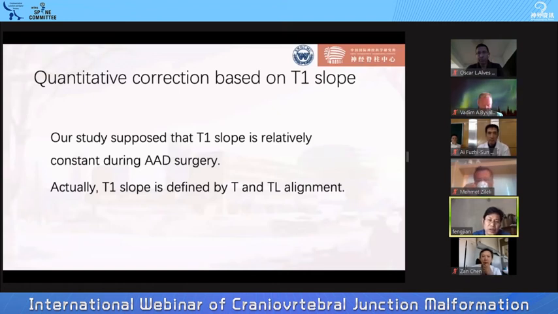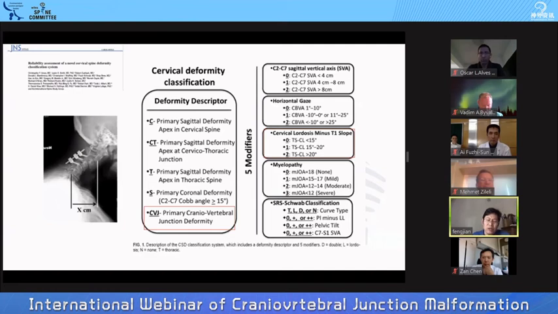This study supposes that the T1 slope is relatively constant during atlantoaxial dislocation surgery. Actually, T1 slope is defined by thoracic and thoracolumbar alignment. This is a typical literature published in World Neurosurgery Spine, on the relationship of cervical lordosis and T1 slope, that is about 15 degrees.